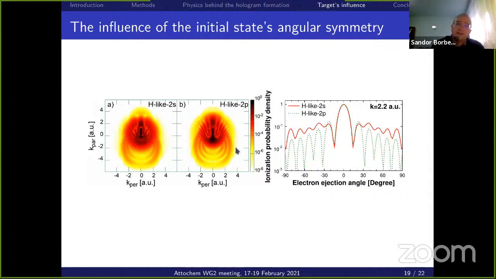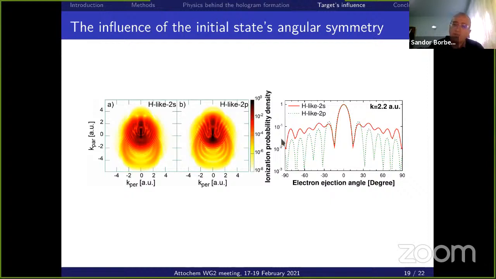And you see that there are significant differences between these two photoelectron momentum distributions. However, if you take a closer look and you plot the angular distribution of the photoelectrons for a fixed electron momentum, you see that the location of the interference minima, for both initial states, is at the same place.